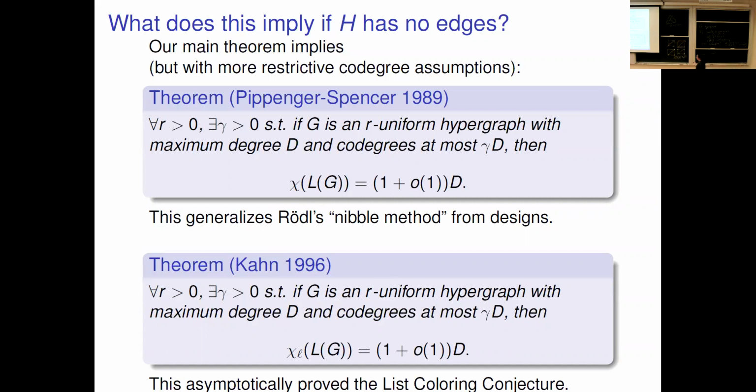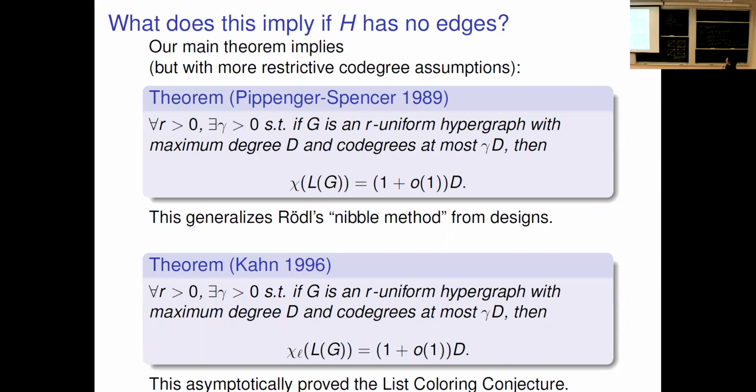These things are really fundamentally important. And maybe I could say a few words about nibble type methods, if you're not familiar with them. Alon and Spencer has a really nice subsection about them that I'd encourage you to look at as well.